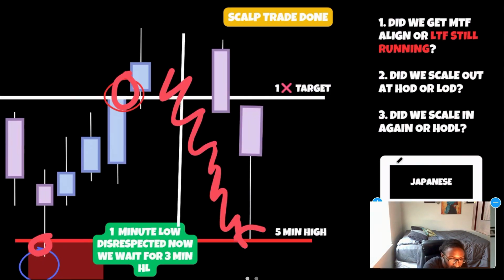We let price come down, retest, right? But we're not buying in again here. You can, but you don't have to. But the whole point is we need the 1 minute low, 1 minute time frames to be disrespected.